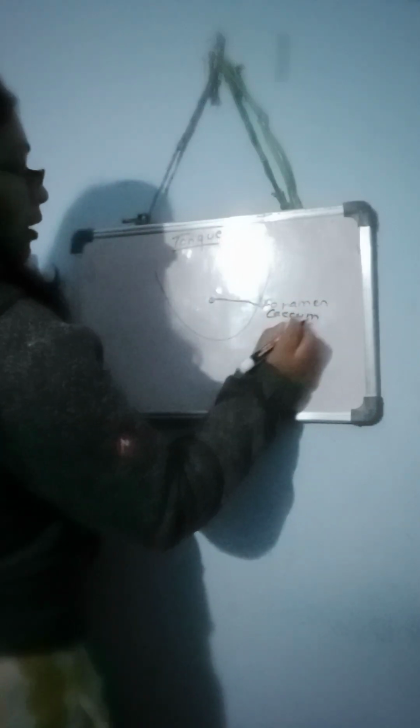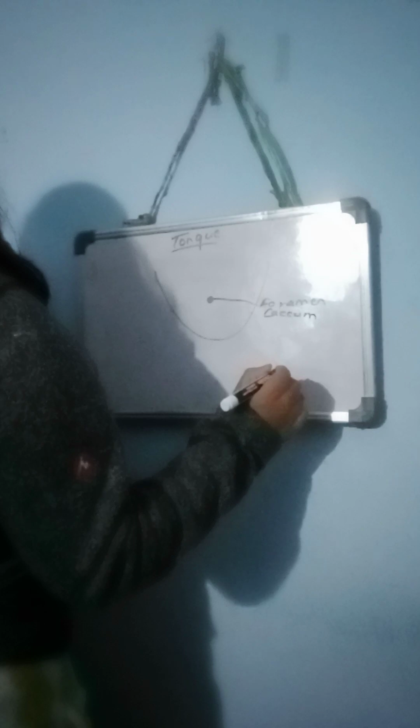Now, we have the sulcus terminalis. Here is the foramen cecum. This foramen cecum is developed from the second pharyngeal pouch.